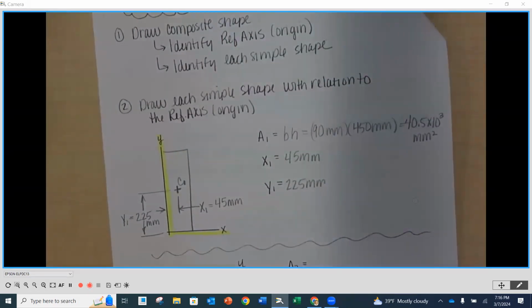So it's 40,500 millimeters squared, or 40.5 times 10 to the third. You could leave it as the zeros if you wanted to. You don't have to put it in that notation, but you're going to notice in an example they do, and it just makes it a little bit easier.